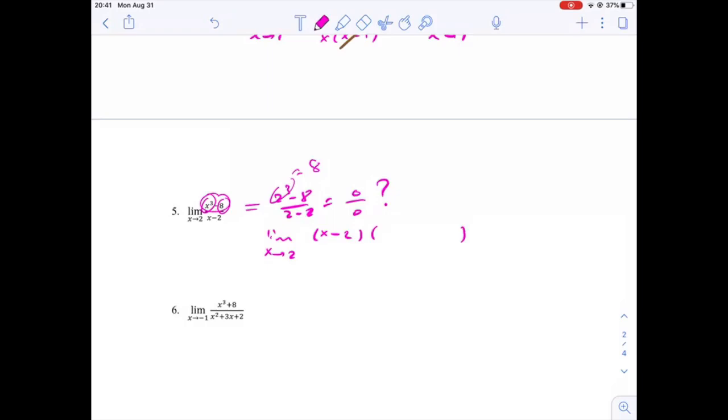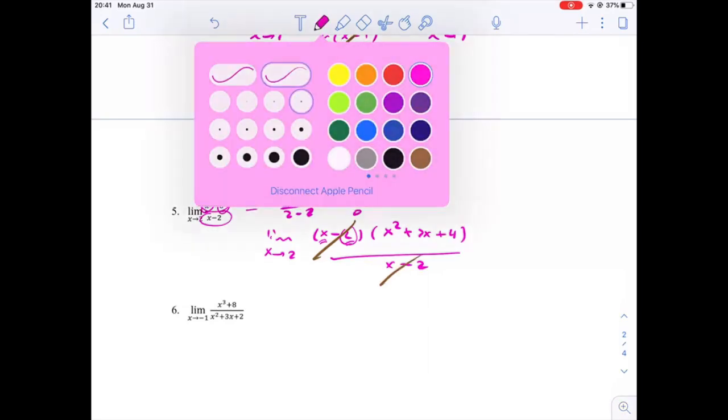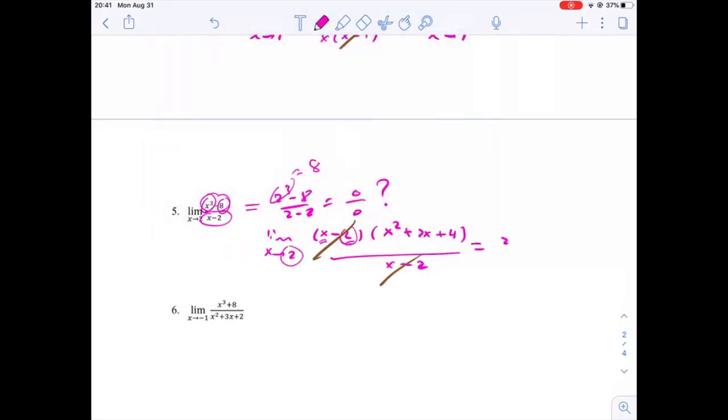And in the second parenthesis we write the square of the first, x squared, plus the first times the second, 2x, plus the second squared, 4. The denominator is x minus 2, and then we cancel x minus 2 with x minus 2, and then we plug in x equals 2. We have 2 squared plus 2 times 2 plus 4, and that's 4 plus 4 plus 4, which is 12.